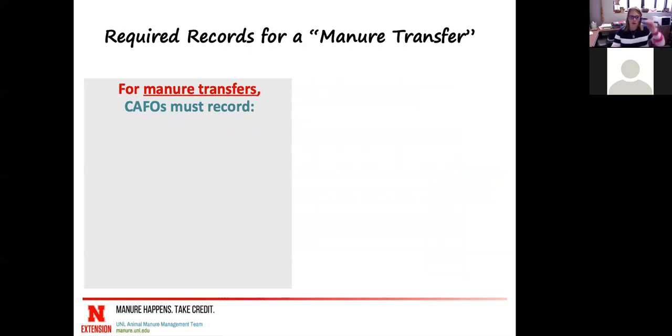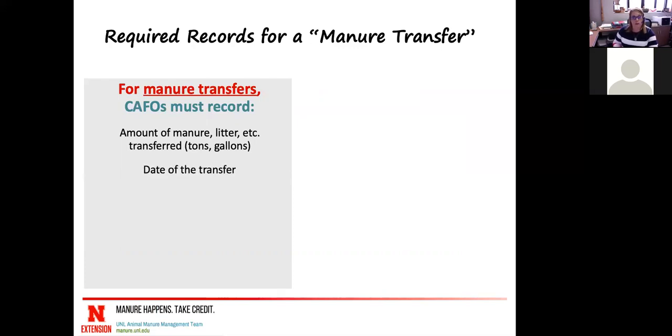So what's required as far as records for a manure transfer? Once you've decided that it's actually a legitimate transfer, the CAFO operator, the person who owns the animals and the manure, is going to need to record in their record keeping system, first of all, the amount of manure, whether it's tons of feedlot manure or litter or gallons of slurry, whatever units that's in, they'll need to record how much was transferred.